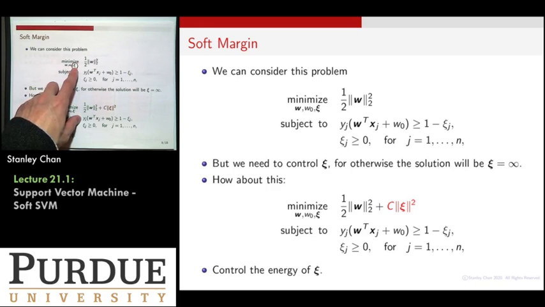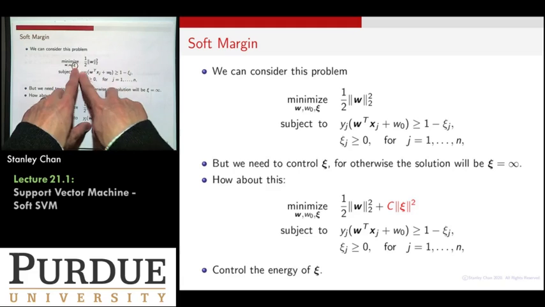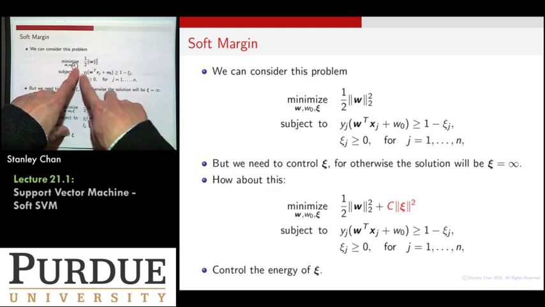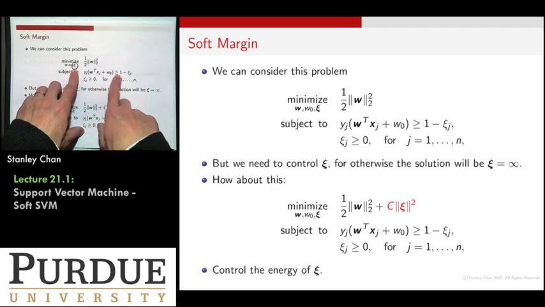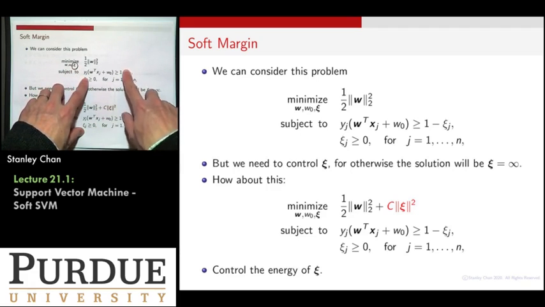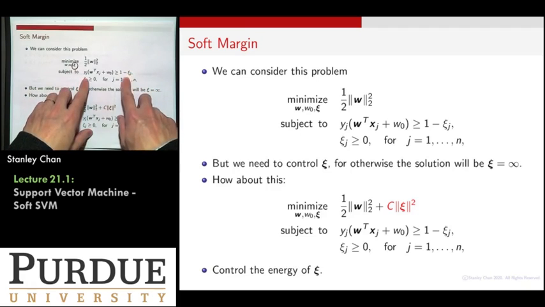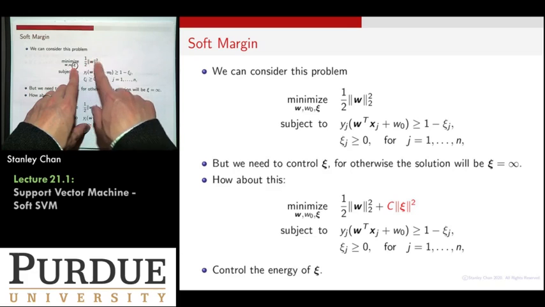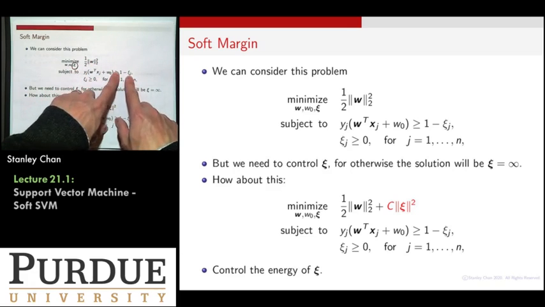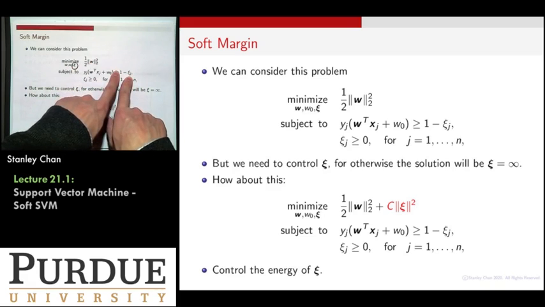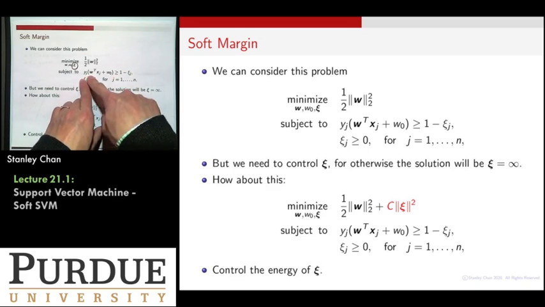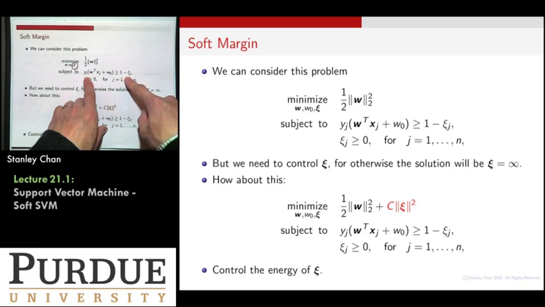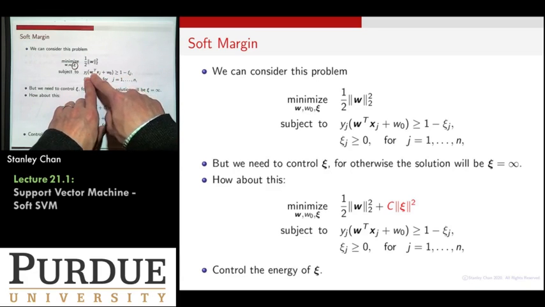And now, since psi is a variable, you can look at this problem. This problem says that the psi cannot be arbitrarily chosen. In particular, if you do not put any constraint on this psi, since I want to minimize this thing subject to all these constraints, as long as my psi j is plus infinity, then the left-hand side will always be bigger than the right-hand side, no matter what w you choose, no matter what xj's you have.